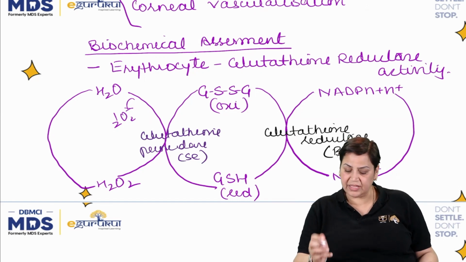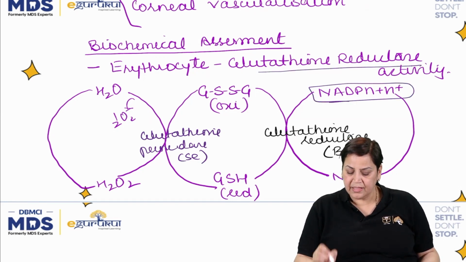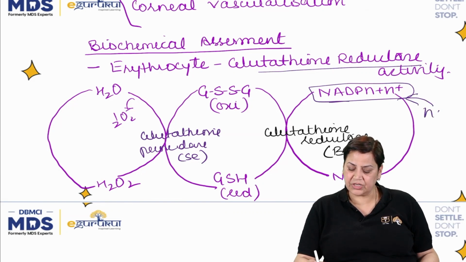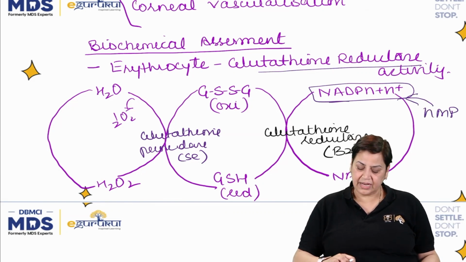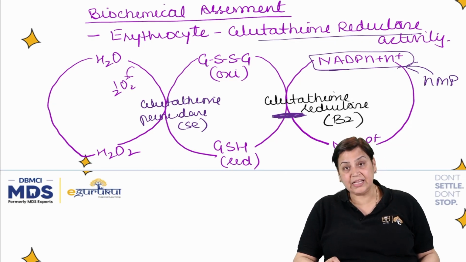Now see, if there is a deficiency of NADPH, which is coming from the HMP shunt, we can say that glutathione reductase will not perform its function.